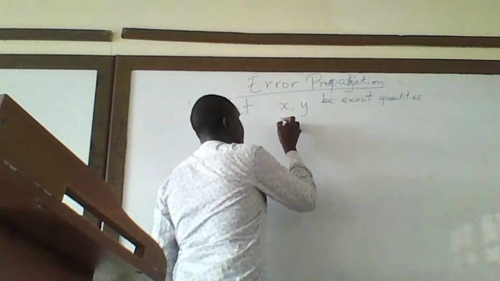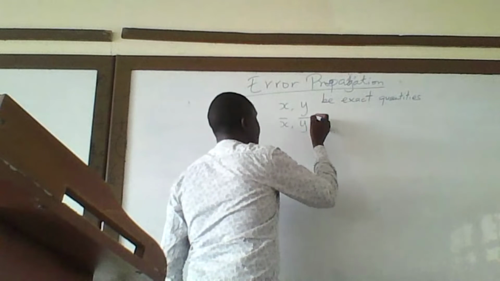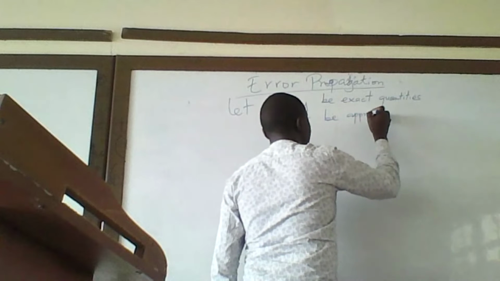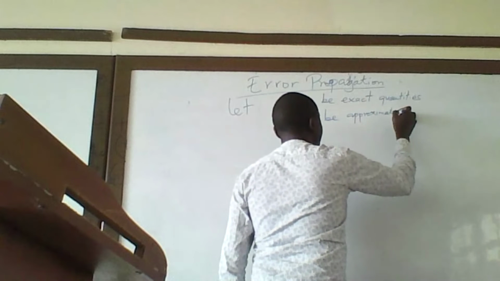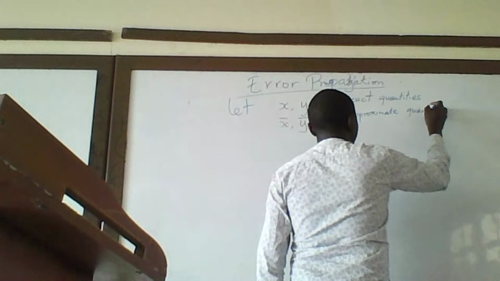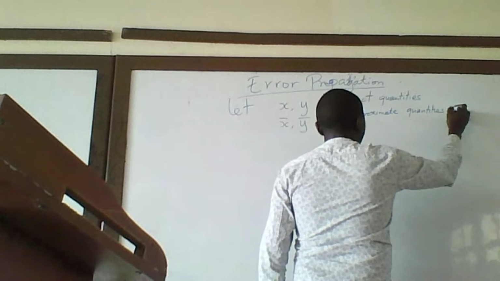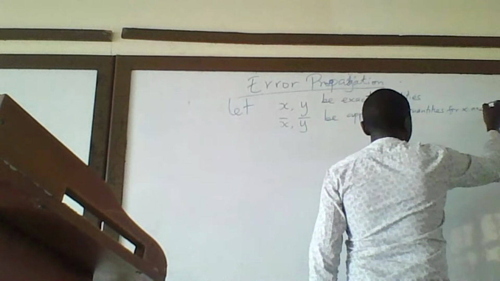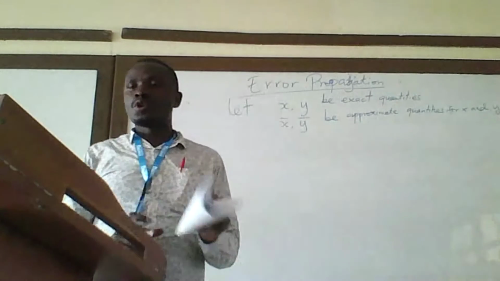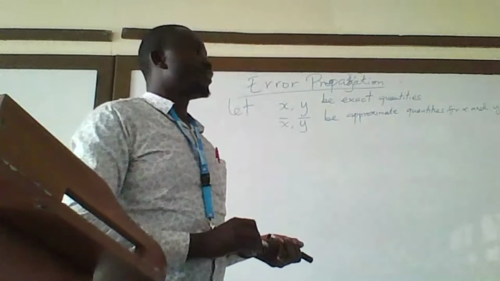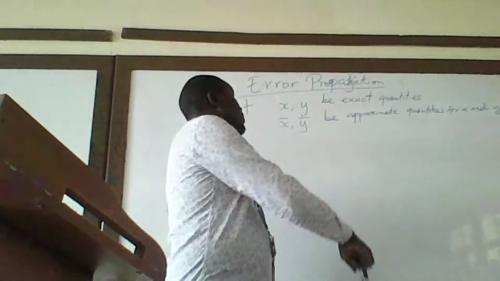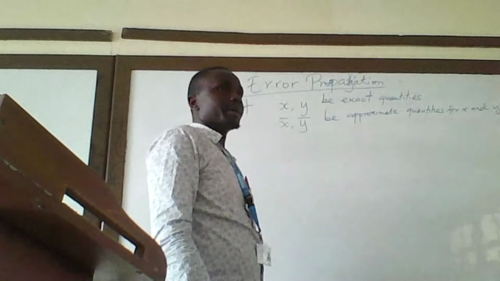Then let x bar and y bar be approximate quantities for x and y respectively. So when you see x bar, you know that that is an approximate value of x. When you see y bar, you know that that's an approximate value of y. Okay?